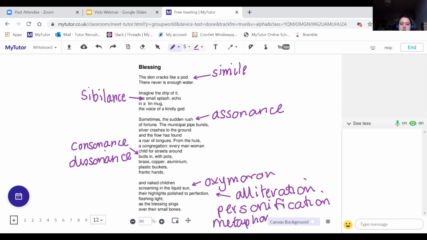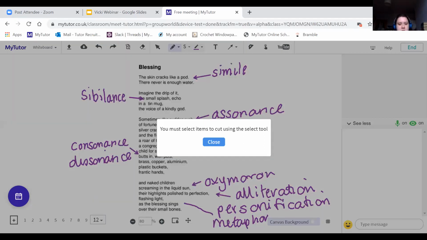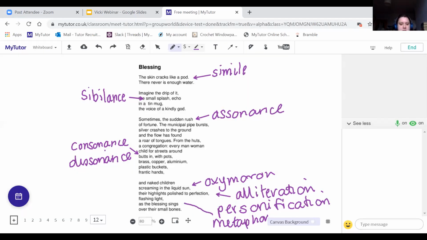With language devices, you can also zoom in and talk about specific parts as well. So if you're going to talk about the blessing sings, talk about why it's a blessing. It's the title of the poem.